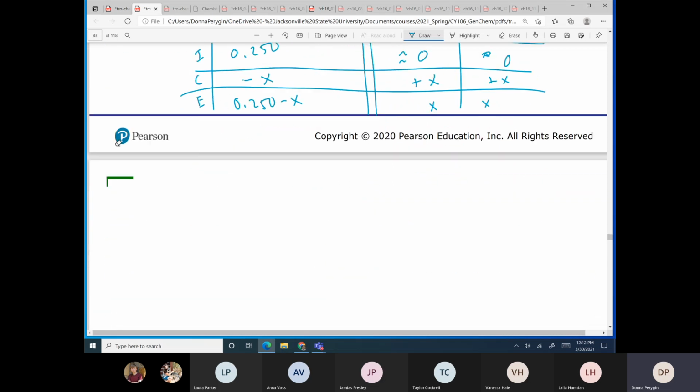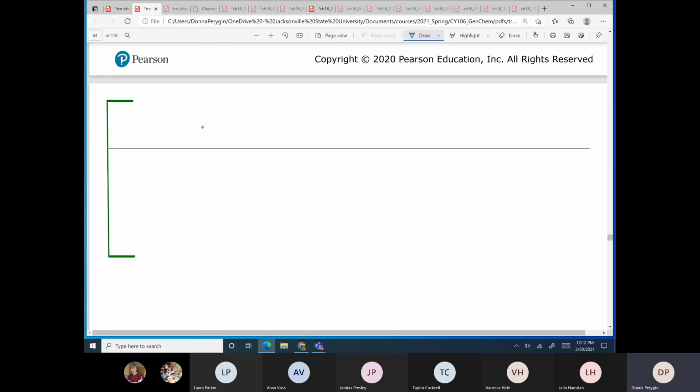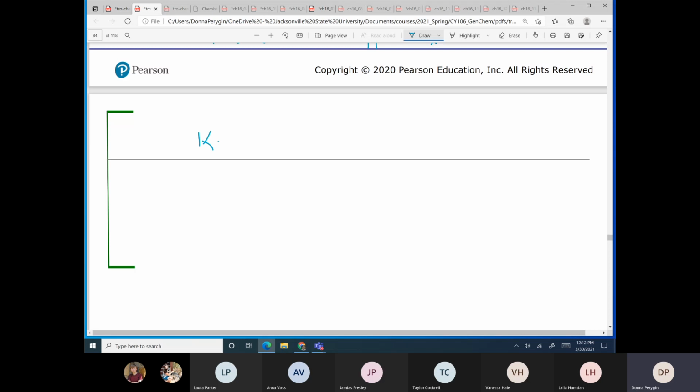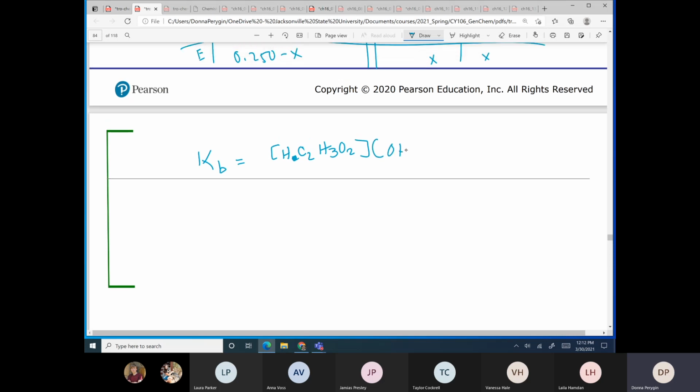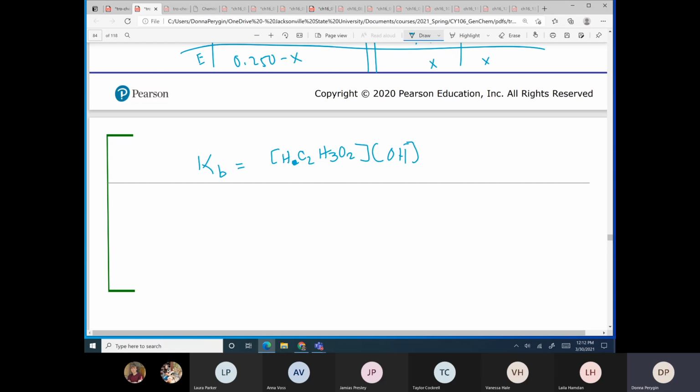So I can set up a KB expression where I can say that KB, because this is a base, not an acid, is equal to HC2H3O2 times OH minus over C2H3O2 minus. My computer is not writing anymore, I think it's overheating or something.